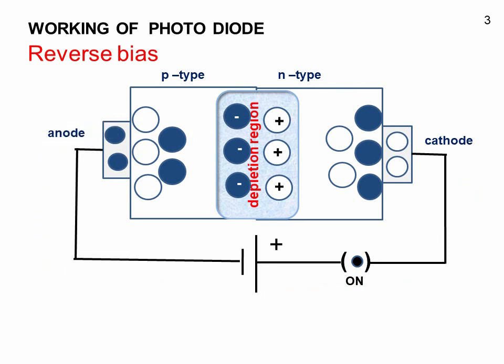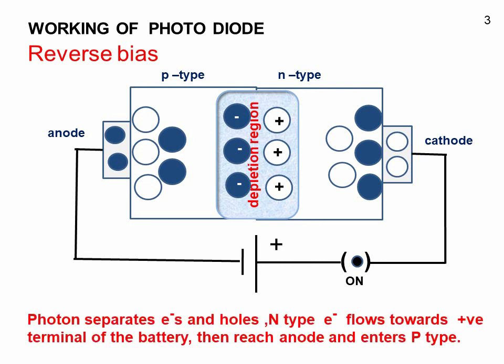In this way, the current is conducted in the photodiode in reverse bias. Thus, the photodiode in reverse bias converts optical energy into electrical energy. Here the main concept is that the photon separates electrons and holes. So, the N type electron flows towards the positive terminal of the battery, then reaches the anode and enters the P type.